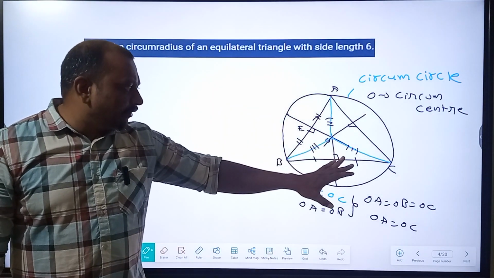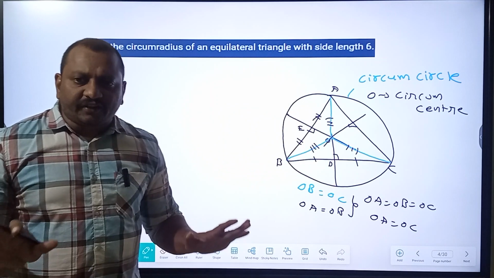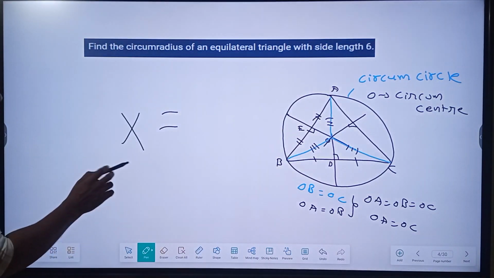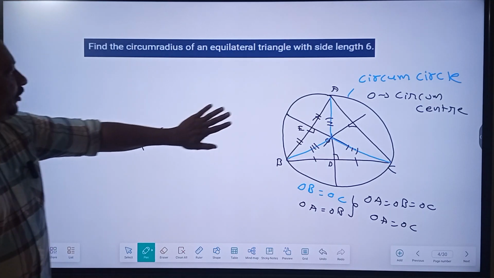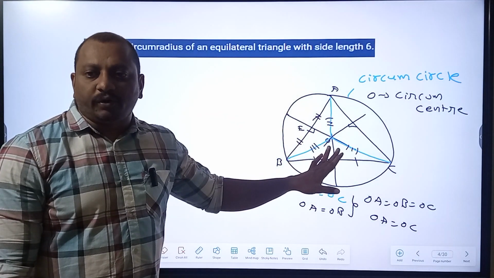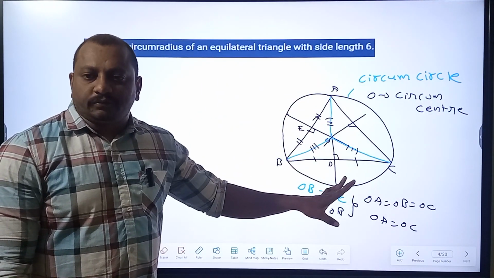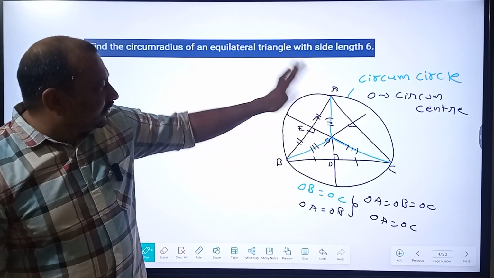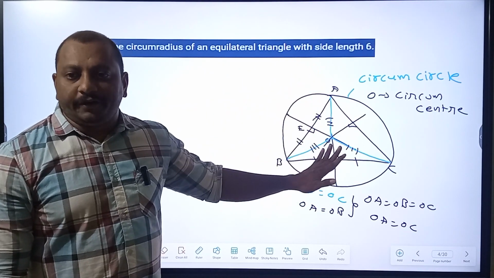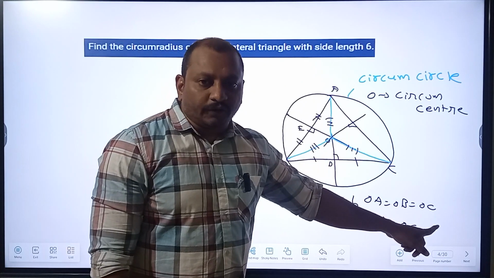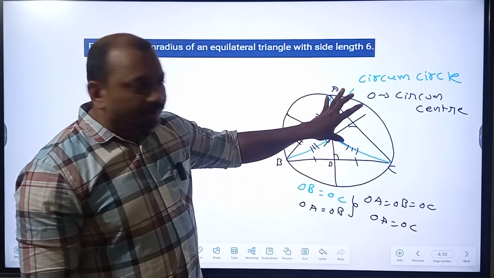We proved that any two lines are either parallel, coincident or intersecting. Here these two perpendicular bisectors are not parallel or coincident, so definitely they should intersect. The perpendicular bisector of BC and the perpendicular bisector of AB should intersect at some point O. From this we have proved OA equal to OB equal to OC, and so OA equal to OC.